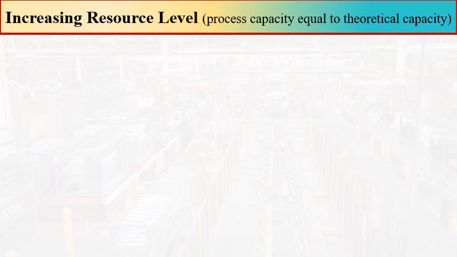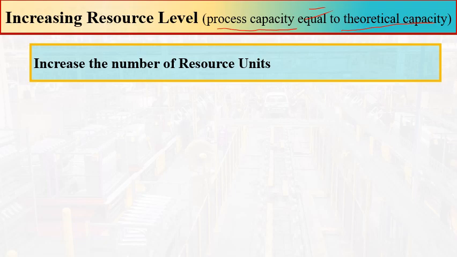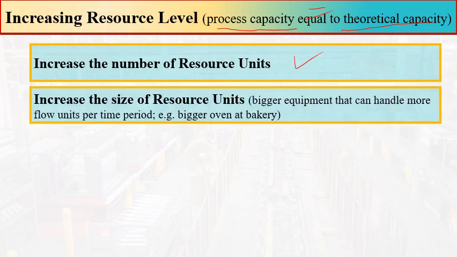So we talked about throughput mapping, and once we do throughput mapping, then we know where the problem is. And in the case where process capacity, the effective capacity, is equal to the theoretical capacity, we could increase the workforce, so the number of resource units, so hire more people.